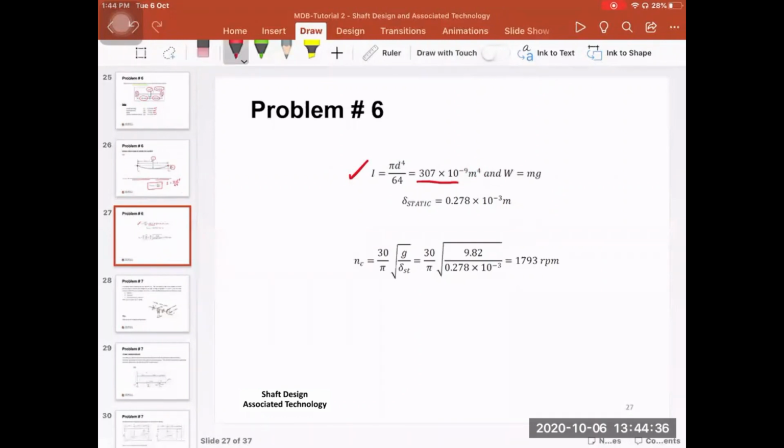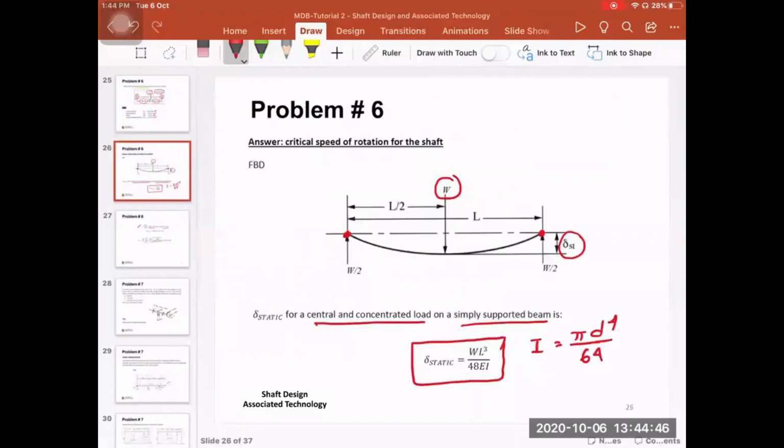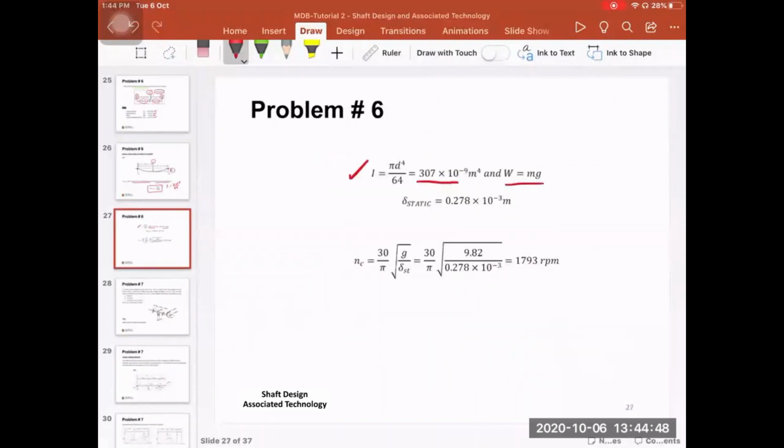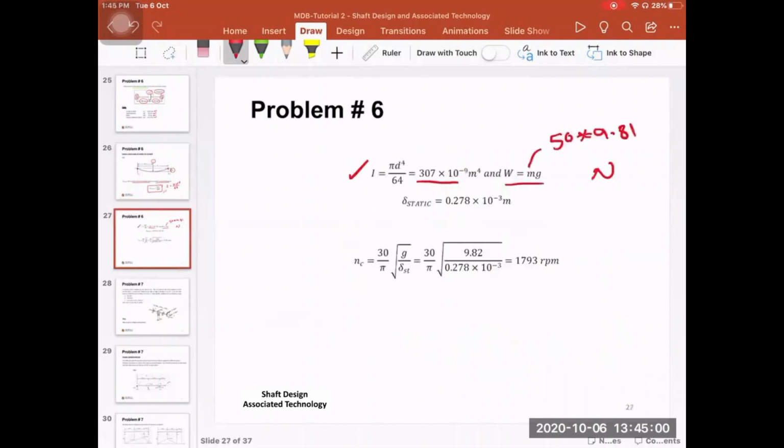Then W, which is the weight in Newton, is the mass multiplied by g. So the mass is 50 kilogram, and you just multiply 50 times 9.81. This gives you the weight in Newton. Then go back to this equation, and substitute all these values to get delta static.